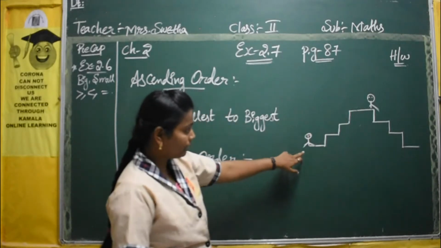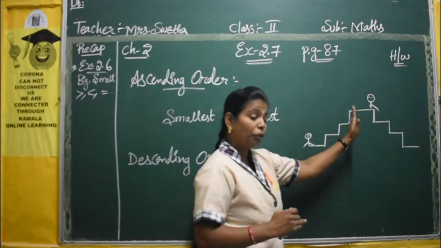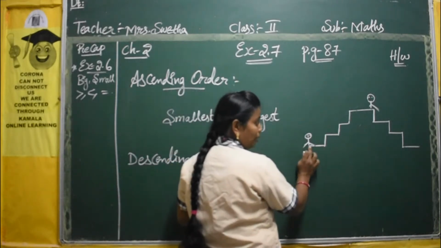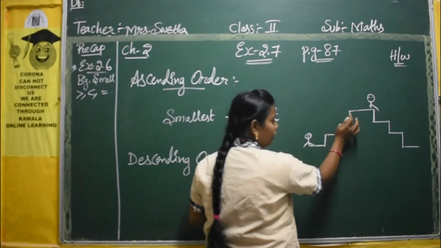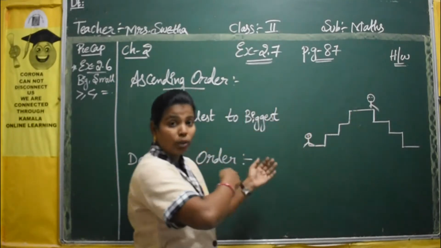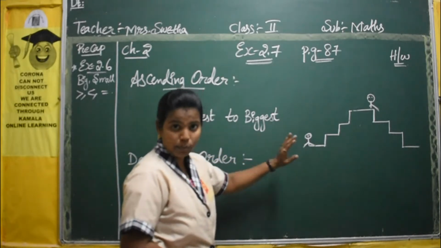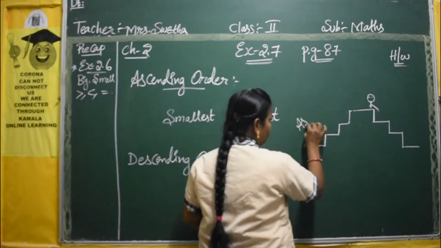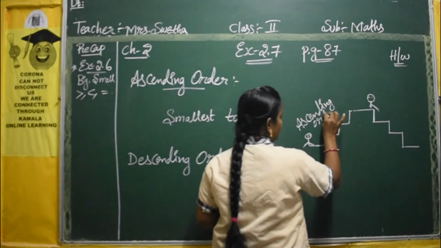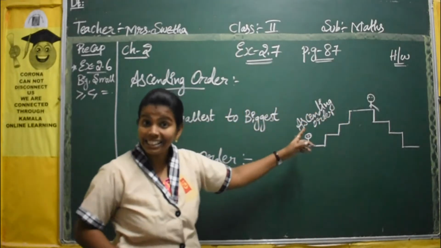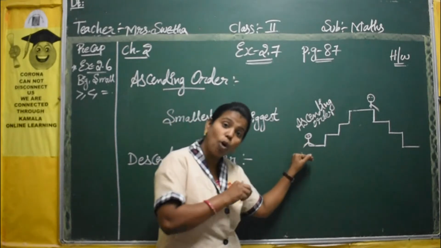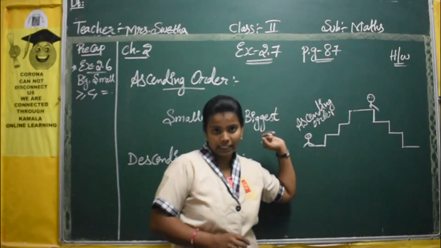If you go from down to up, what is that order called? From the smallest step to the highest step the person is moving, so we can say this is ascending order. Ascending order means from the smallest number to the greatest number.